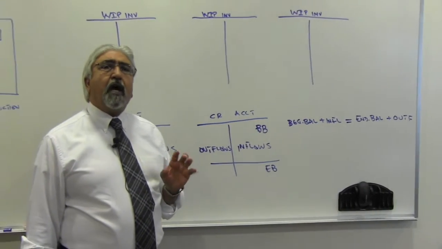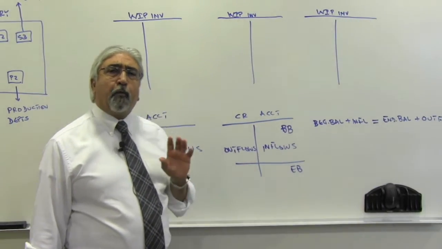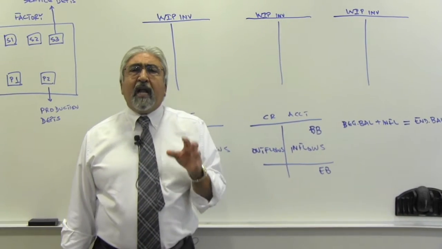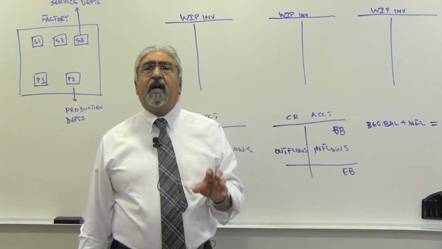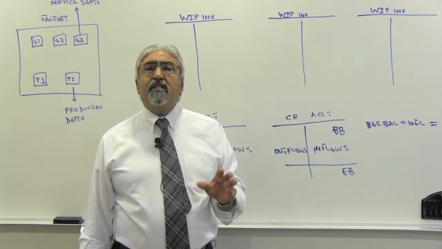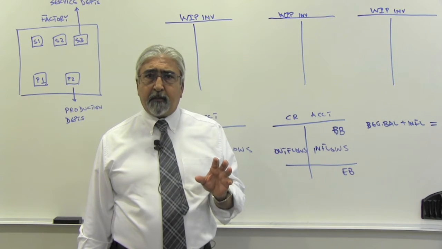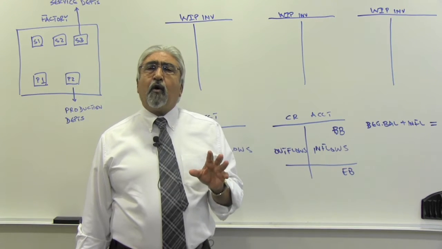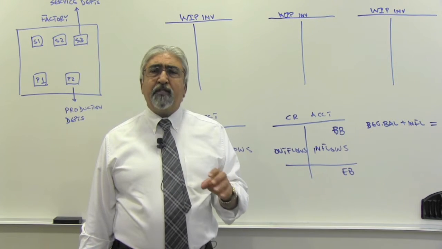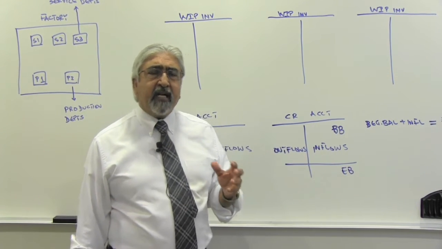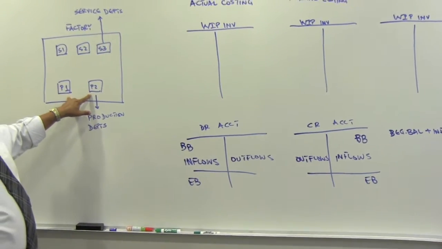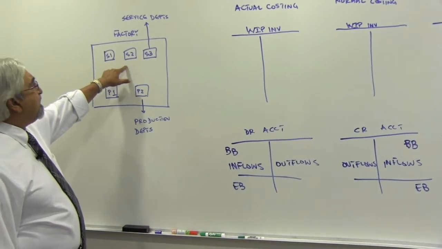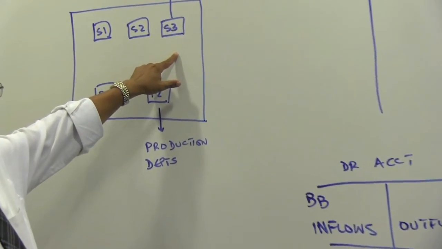Now I want to start talking again about production costs. Like I said in the last lecture, any cost incurred in a factory is a production cost. There is something that causes confusion for some students, and I would like to clarify that. In any factory, there are production departments and then there are service departments.